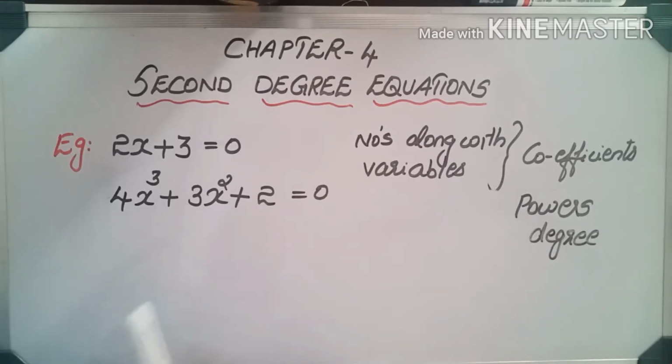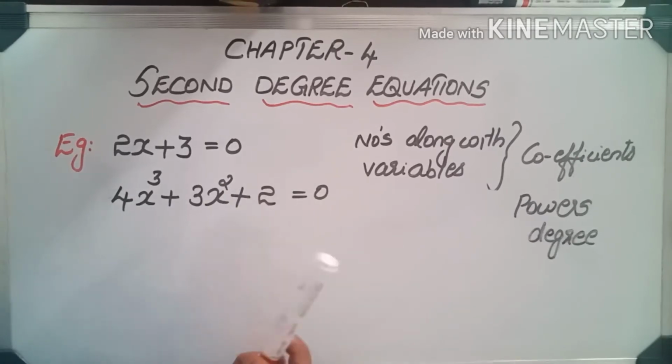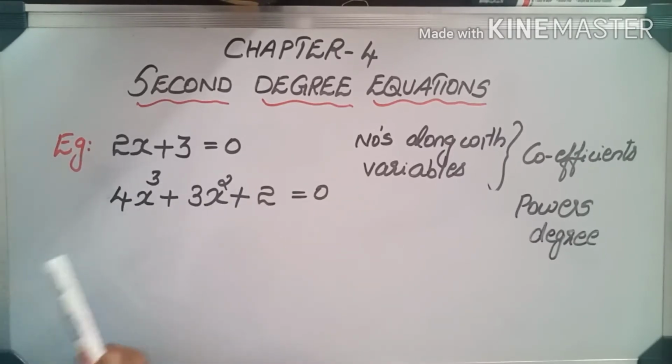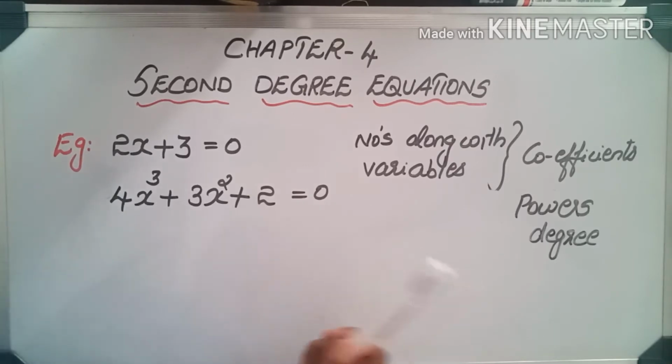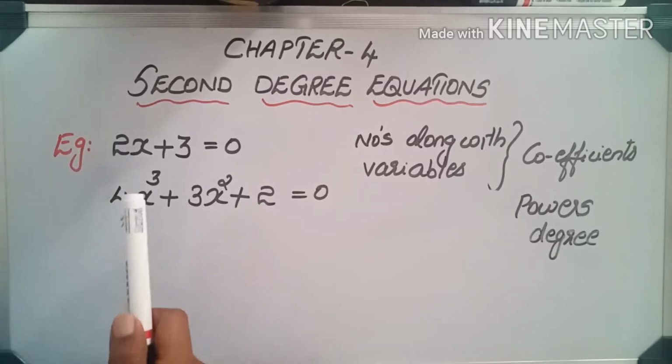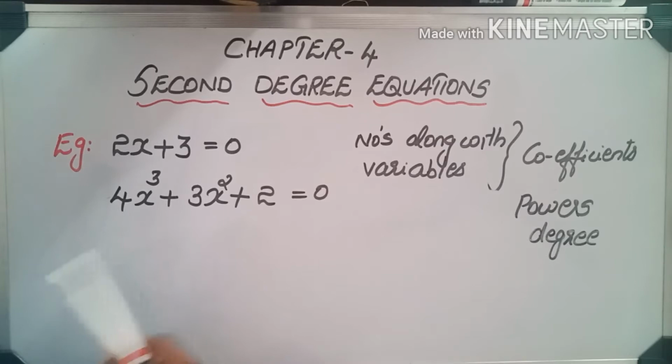For example, here highest power of x is 3. Any other power higher? No, highest power is 3. So this is a third degree equation. Depending on the power we will give name to the equation.